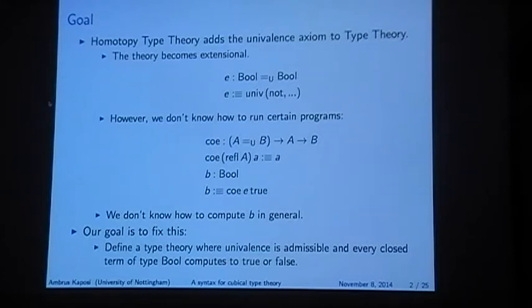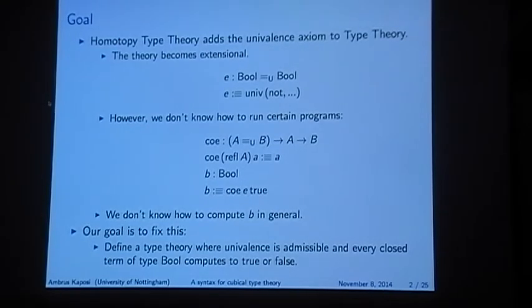But the real issue is now, how do we compute this principle? For example, in type theory, we can write this function coerce: if A is equal to B, then we have a function from A to B. In Agda, you would write this by pattern matching, saying the only proof of equality is refl, hence I only have to implement this for the identity function. But this is not true anymore, because now we allow other proofs of equality, like proofs generated by this univalence principle.